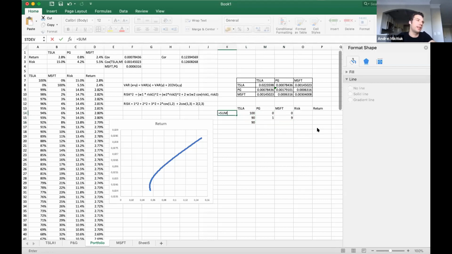And you can imagine that the number of combinations we have to test with 3 stocks is much higher, and that is the biggest problem of doing real portfolios with Excel, but we can.